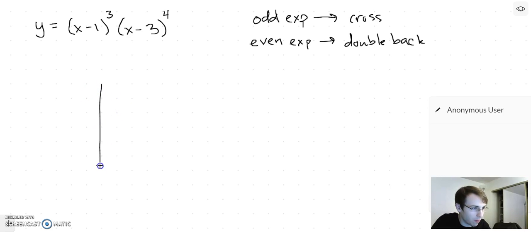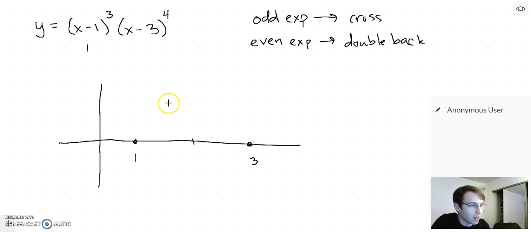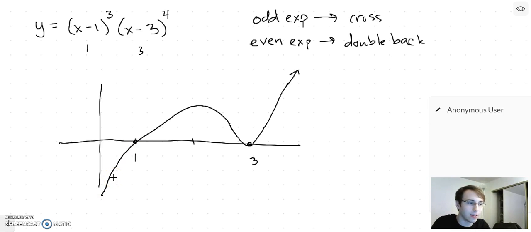If we plot this, we know that at the zero of 1, it should be crossing, and at the zero of 3, it should be doubling back. Our leading coefficient is positive here, so it should be going up this way. At 3, it's doubling back, so if we go down here, it's doubling back this way. And then at 1, it's crossing, so it has to be something like that.